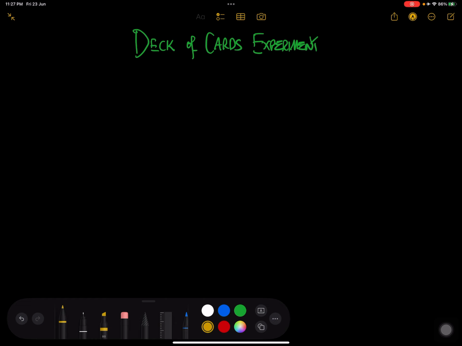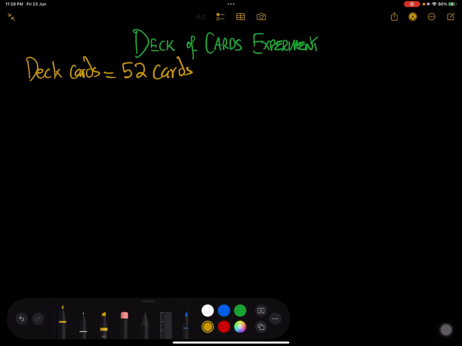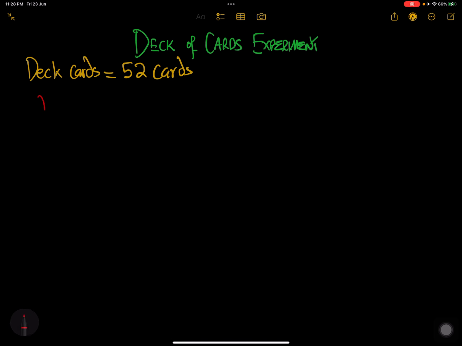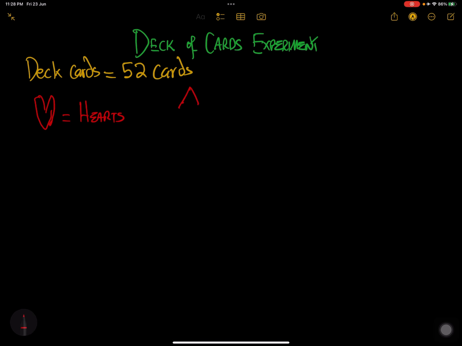You remember that a deck of cards is made up of 52 cards. So pretty much you can have what we call the heart card, the hearts. We can also have what we call the diamond cards, the diamonds.